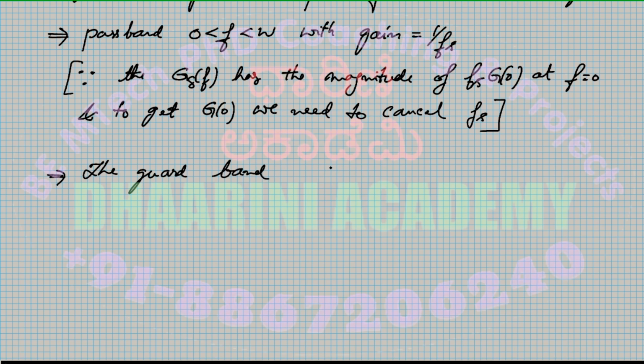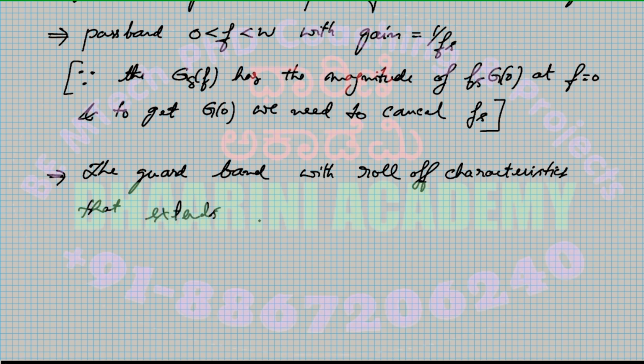This has a guard band with roll off characteristics that extends from W lesser than or equal to the frequency lesser than or equal to Fs minus W. Outside this particular band, we have what is called the stop band.